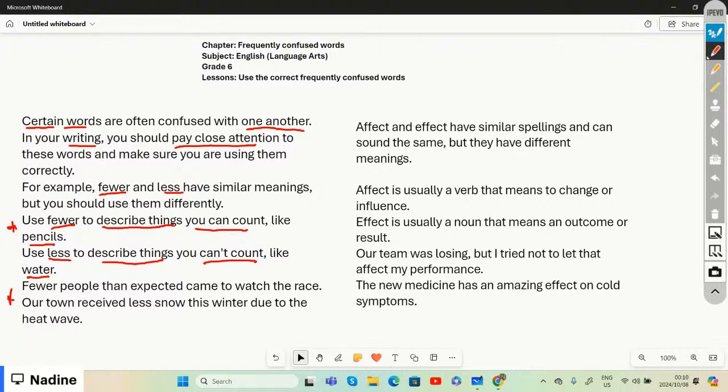So once again, we use the word fewer when we make mention of countable things, things that you can count, but we use the word less when we cannot count things.